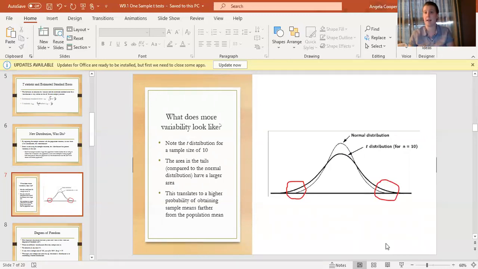Like I said, it's because t distributions have larger variability, so they tend to stretch out a little further. Again, remember, variability is a measure of dispersion, which means just how far the data spreads. So it makes sense that a distribution that is covering samples tends to spread out a little further.